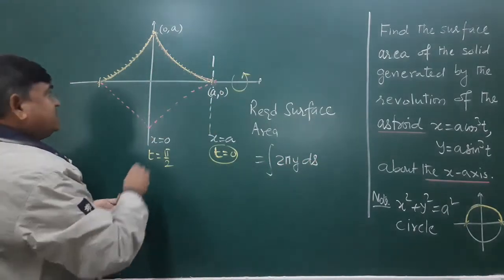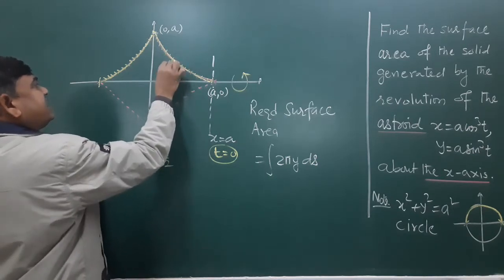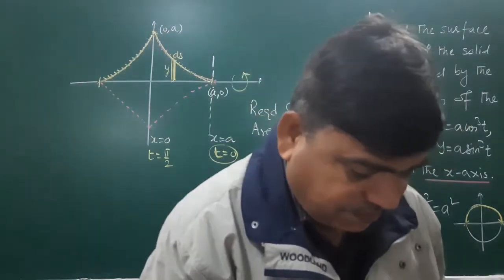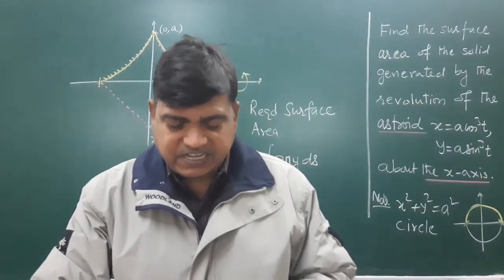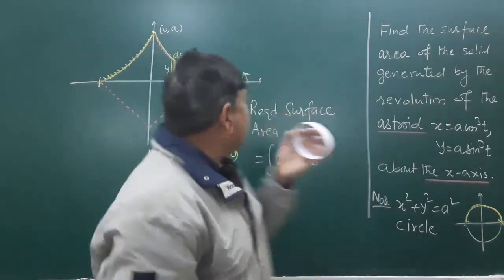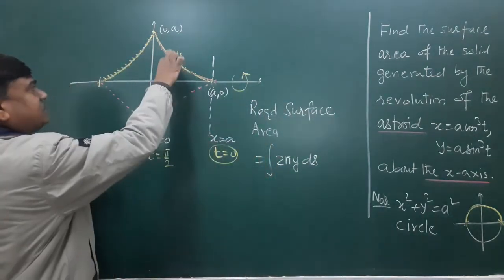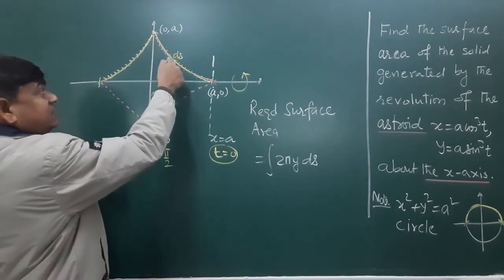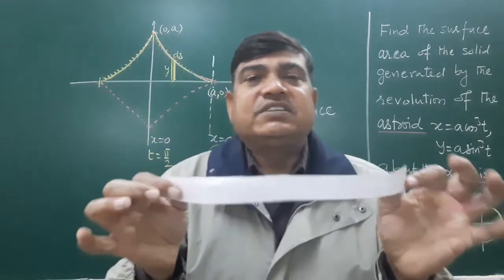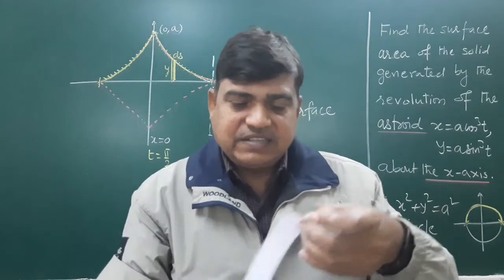Remember this? This is the small strip. This is the y coordinate. Here this is ds. So this is the strip. You remember, the strip is just like this. I have already explained this one. So there are several strips, and this is the height of this one. If I remove this one, then it is a rectangular strip, and the area of this one is length into the breadth. So here it is the circumference.